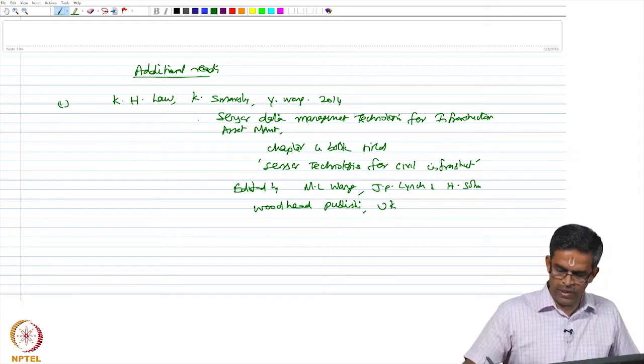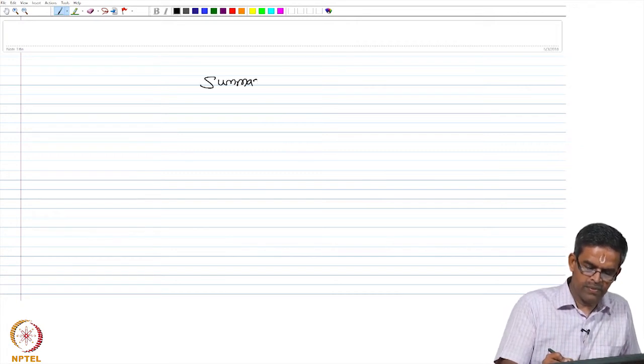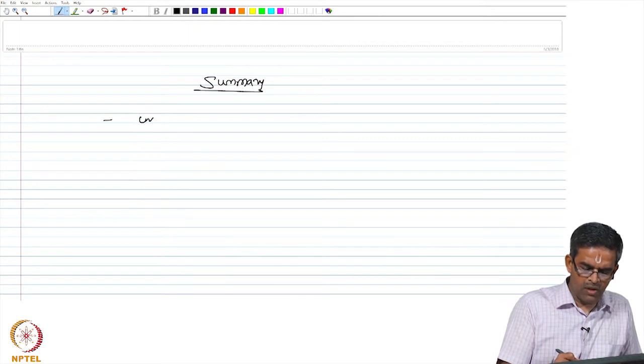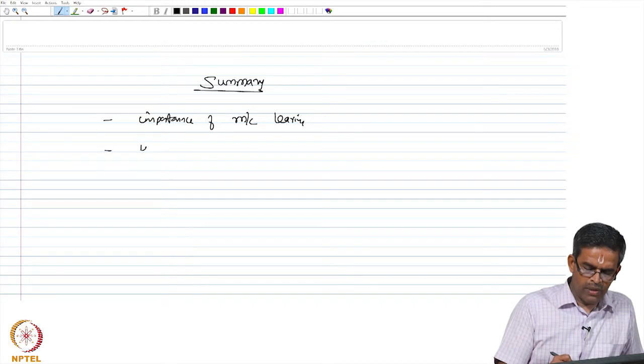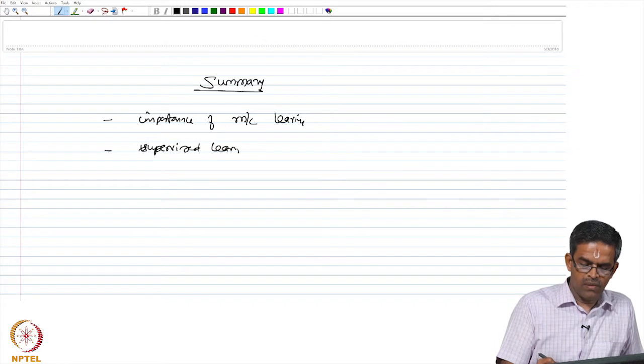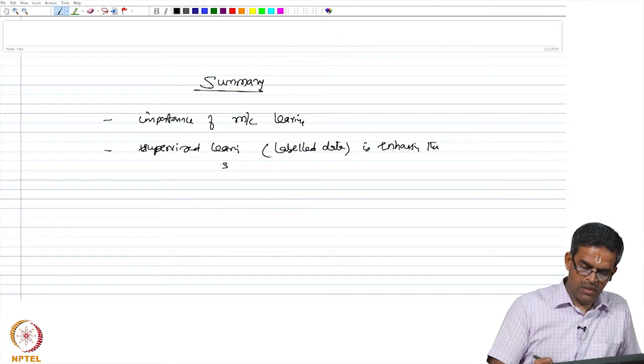So, friends, as a summary for this lecture, we understood the importance of machine learning, we also said how supervised learning, that is labeled data, is enhancing the SHM output.